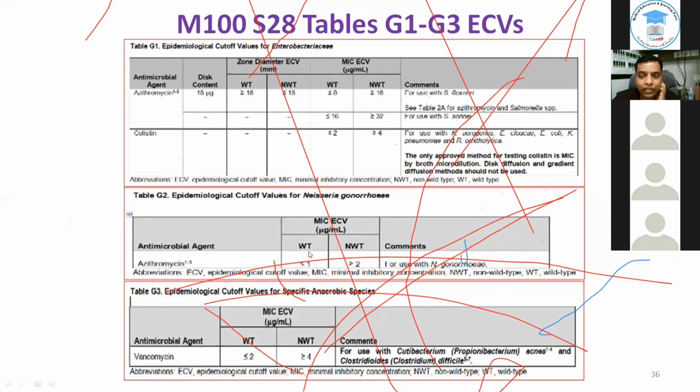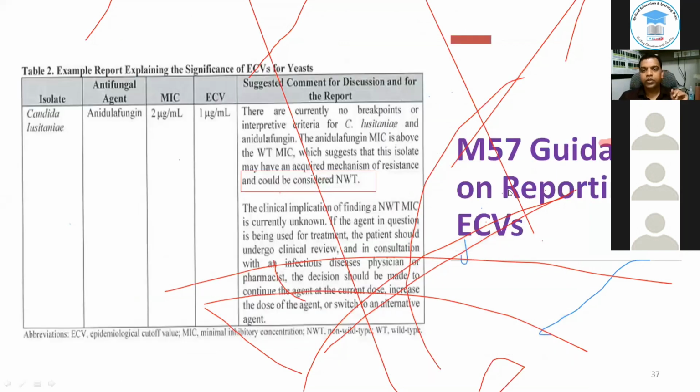So it can be considered for treatment. So based on this ECOF, when there is no breakpoint, we can take help of the ECOF value. For example, Neisseria gonorrhea against azithromycin, or Shigella flexneri against azithromycin, or colistin against Klebsiella and other organisms.